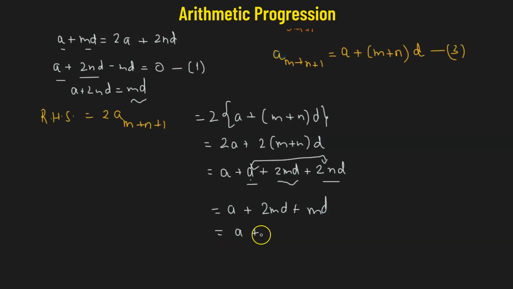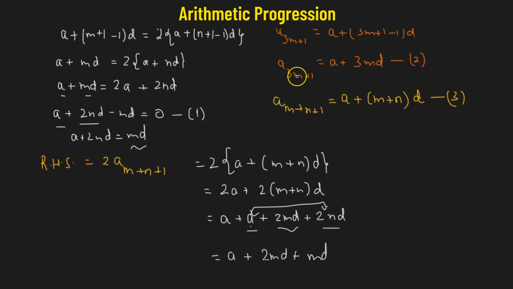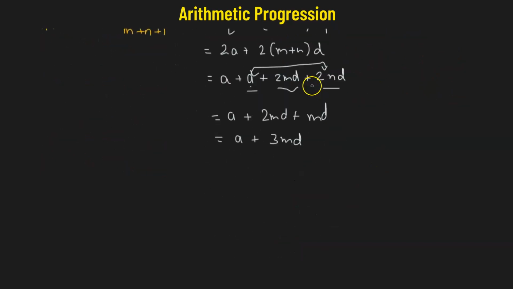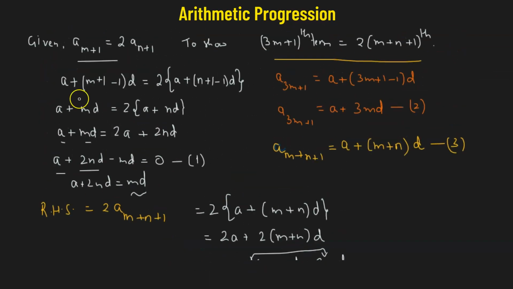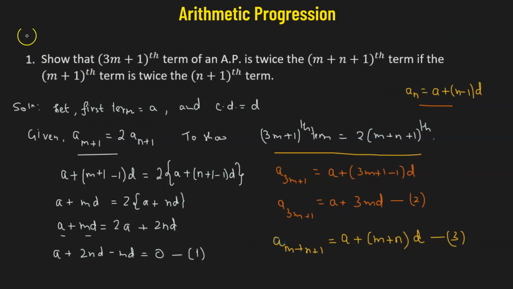This gives us a plus 3md, and according to equation number 2, this is the 3m plus 1th term. So we have shown that this equals the left hand side. Hence, we have successfully shown that 2 times the m plus n plus 1th term equals the 3m plus 1th term whenever the m plus 1th term equals 2 times the n plus 1th term. So let's move on to the next problem.